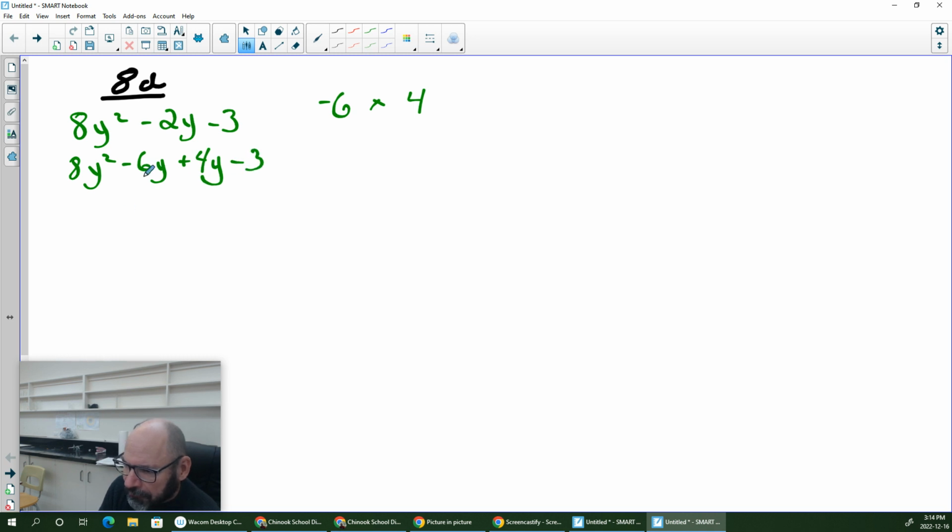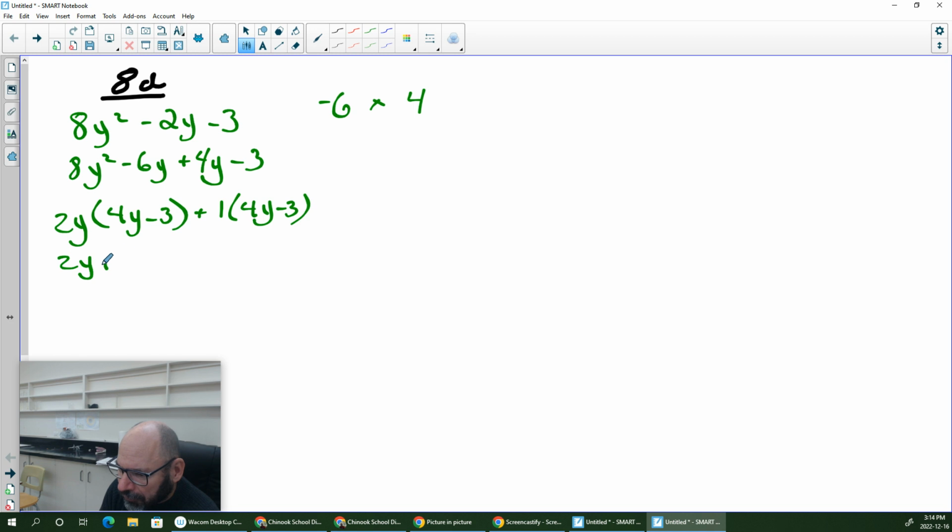Now I'm going to take out a common factor between the first two, 2y. That leaves me with 4y minus 3. And it's the same thing here, so we're just going to multiply by plus 1. So that factors out to 2y plus 1 times 4y minus 3. So we factored out that one.